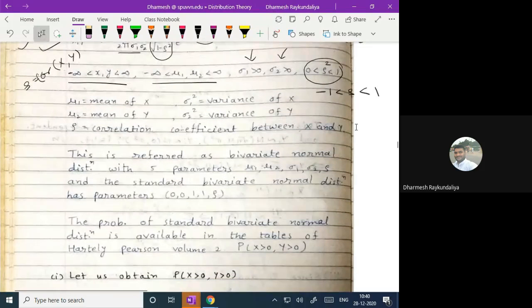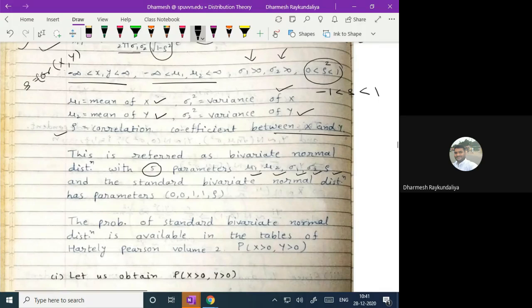Mu 1 is the mean of X, mu 2 is the mean of Y, sigma 1 square is the variance of X, sigma 2 square is the variance of Y, and rho is the correlation coefficient between X and Y. This is referred to as a bivariate normal distribution with 5 parameters: mu 1, mu 2, sigma 1, sigma 2, and rho.